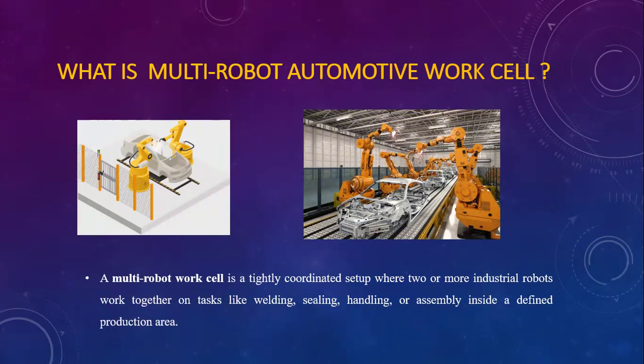Based on the physical illustration shown in the picture, a multi-robot work cell is nothing but a joint collaboration of two or more industrial robots working together in parallel, doing specific repetitive tasks like welding, material handling, sealing, and sometimes assembly operations inside a well-defined fixed production area. This is the problem definition, or problem statement, for the multi-robot work cell.